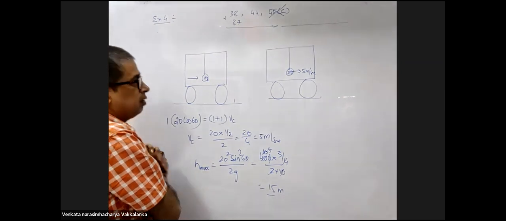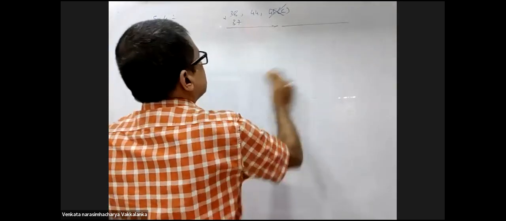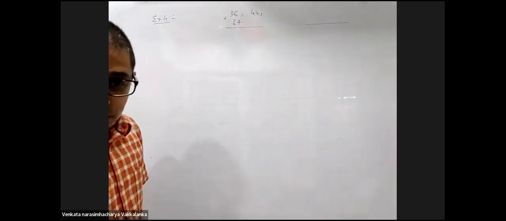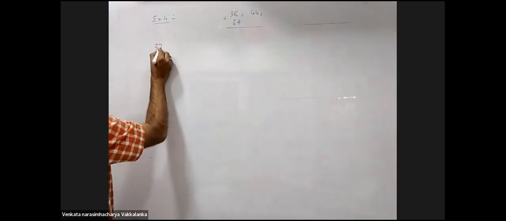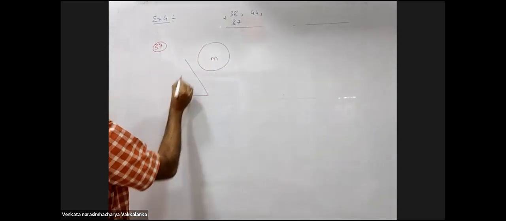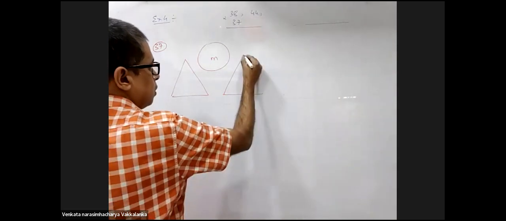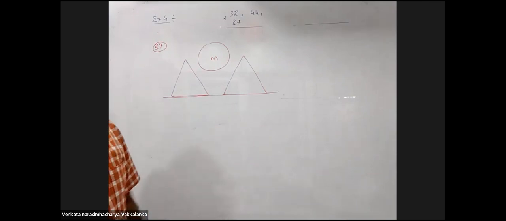You can erase. That was 34. This is M. The triangles are not joined.